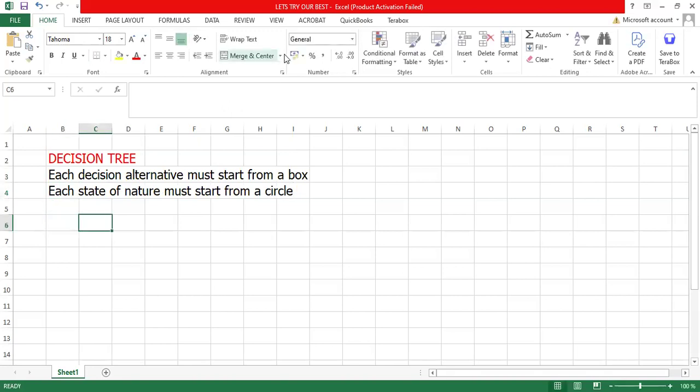So you need to determine from your case study what your decision alternatives are and what your states of nature are. With decision alternatives, you have control.